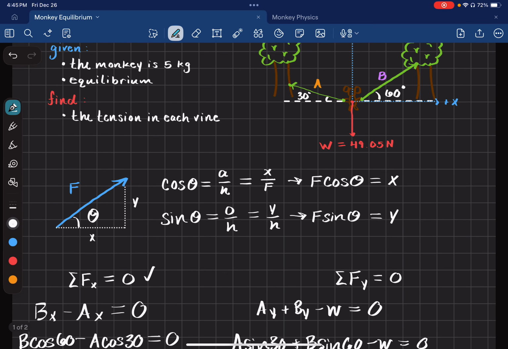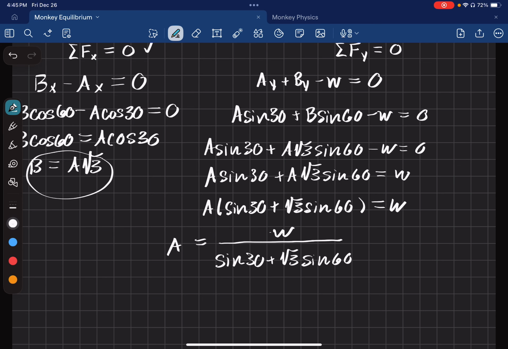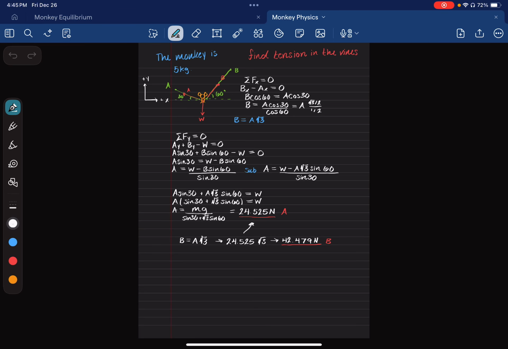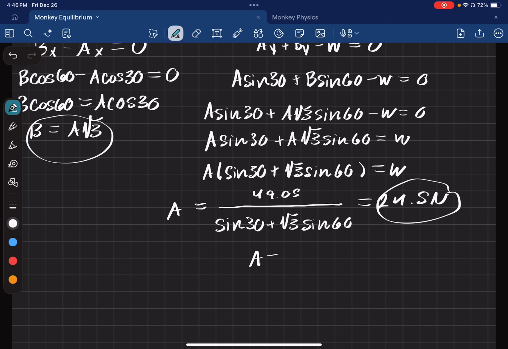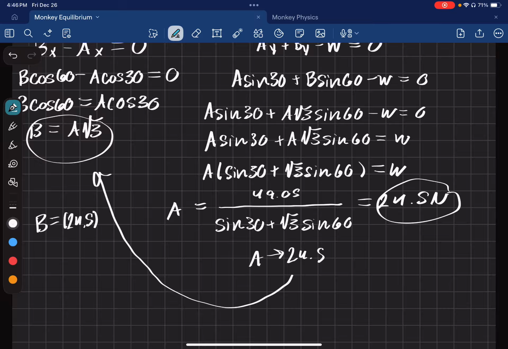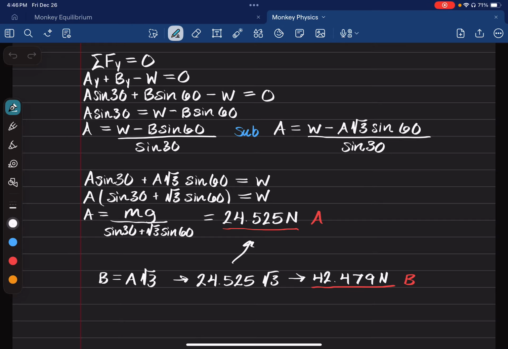If we plug in the weight, 49.05, and put this all into the calculator, it's 24.5 newtons. So A is 24.5. We can take A and put it back into here. B is 24.5 times square root of 3. So B is 42.5.